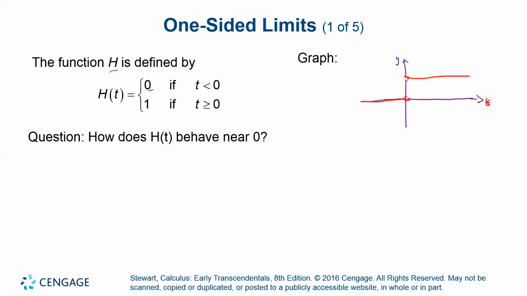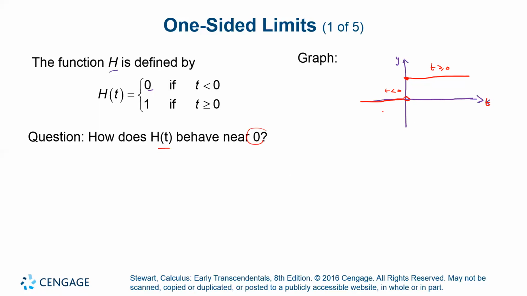So this is not a hole. There's a hole at 0 on the left piece, so here is not a hole, right? Here t is greater than or equal to 0, and there t is less than 0. It's a piecewise function. And so how does the function behave near 0?